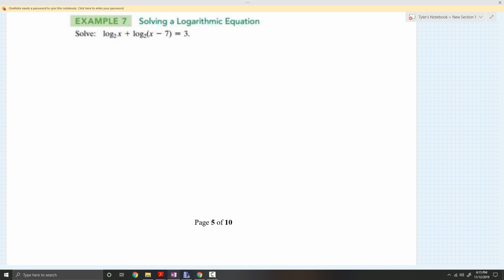If you look back at that table, I didn't really go over it, but it gives a list of suggested steps for solving one of these equations in general. So the first step is to get just one log expression equals something without a log on the right.